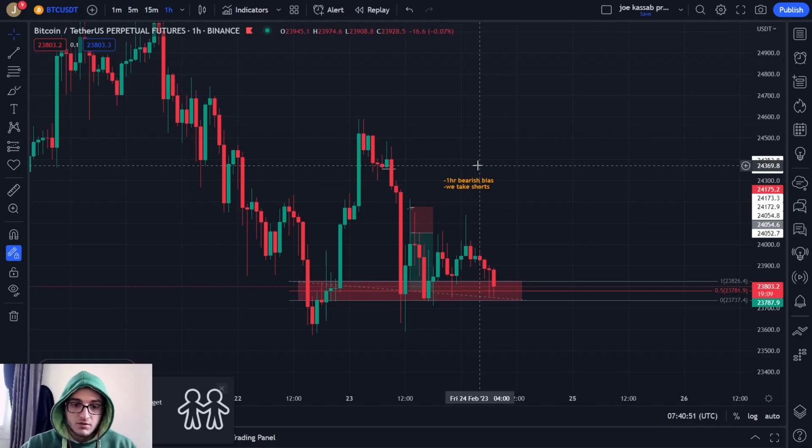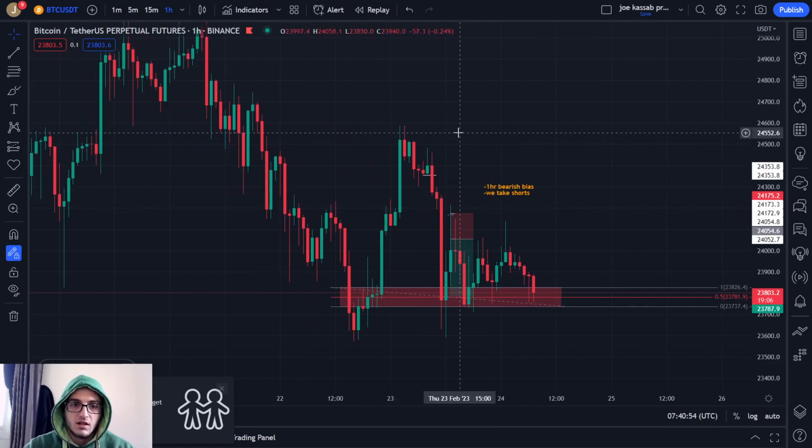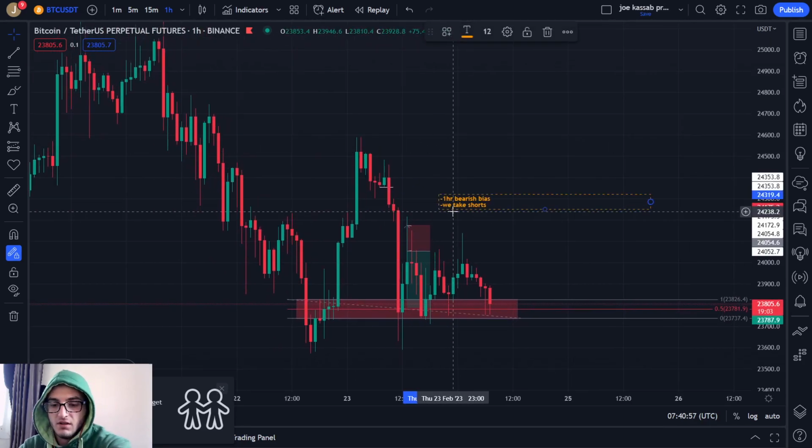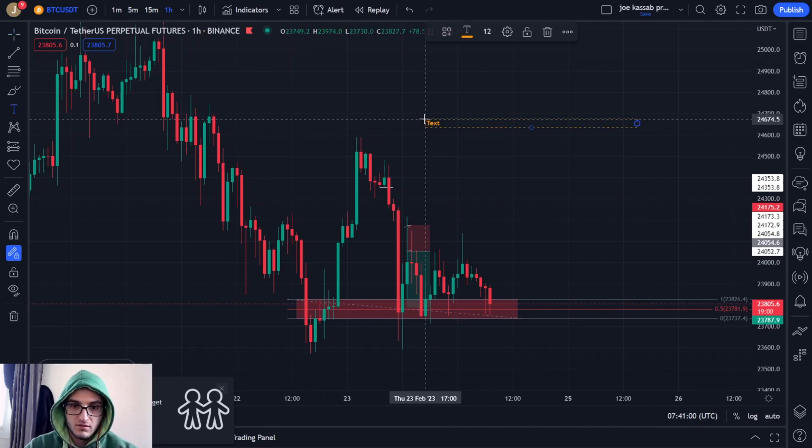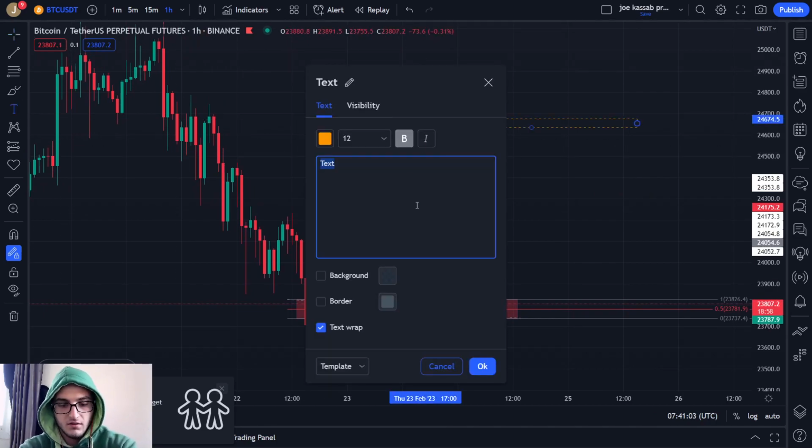Okay. So first, I will be typing the strategy. First, we need to identify the 1 hour bias, which means bullish or bearish. How to identify the bias?